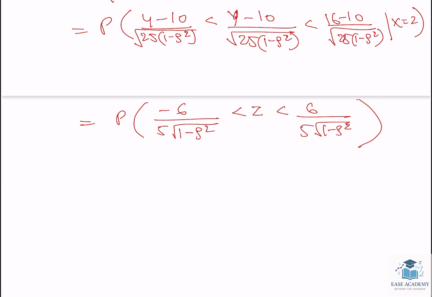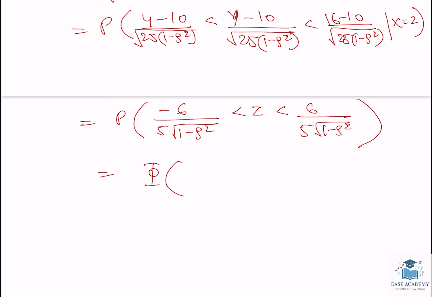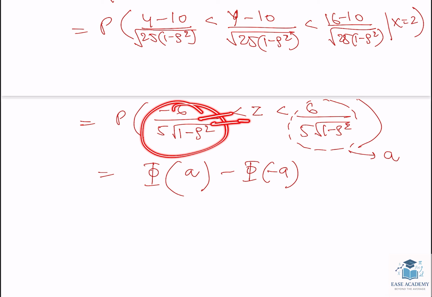So now we can write it as Phi of a minus Phi of minus a, taking 6 by 5 root of 1 minus rho squared as a for simplicity.